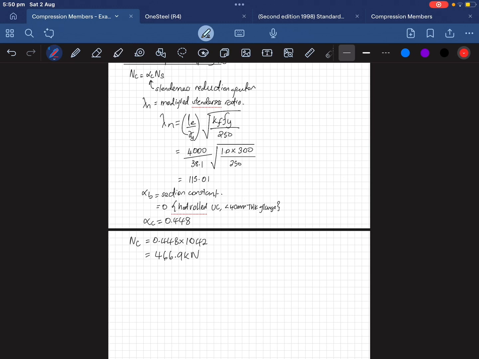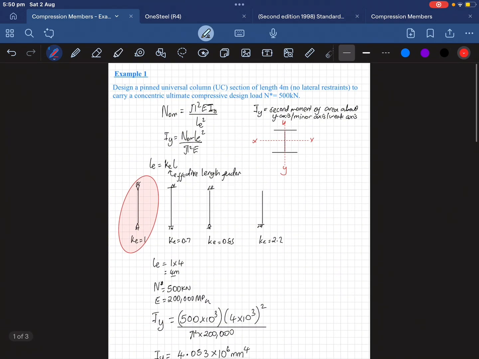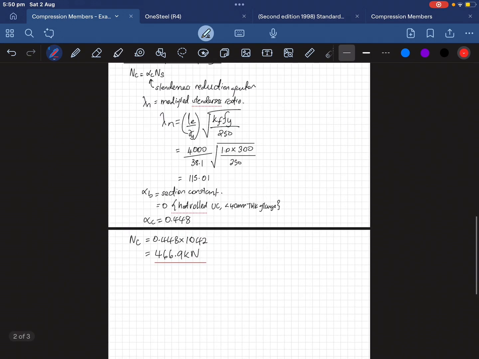That means that our member compression capacity is 466.9 kilonewtons, but we have an N star of 500 kilonewtons. So the capacity is actually less than the action, which means our member fails. So that's less than N star, and it's not acceptable.